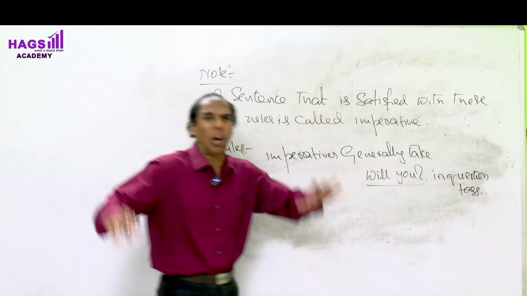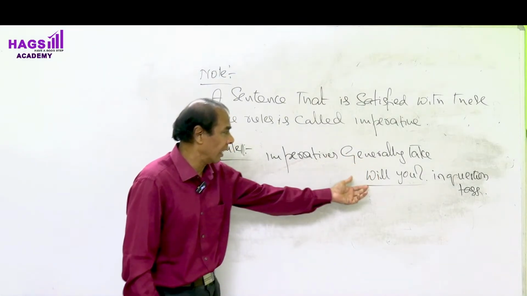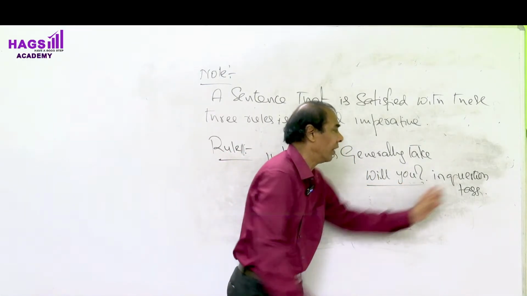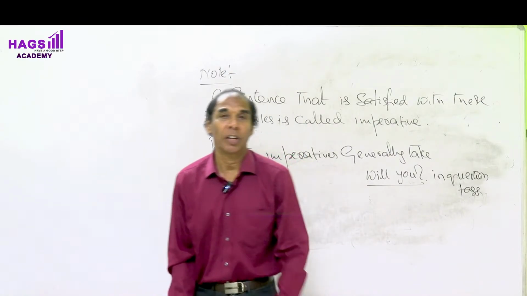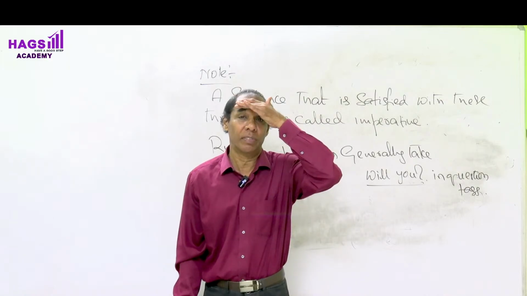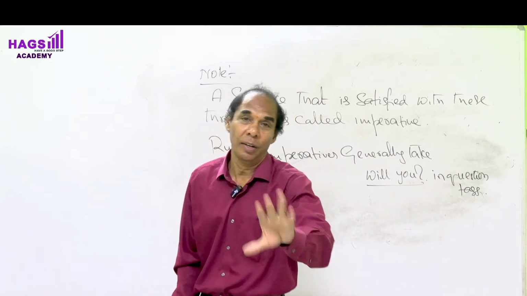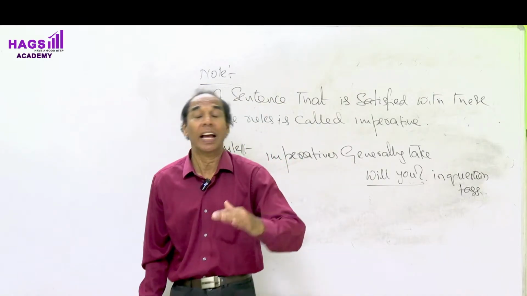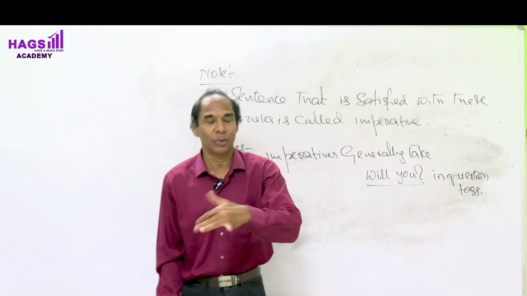What is all this? I'll explain, very easy. Imperatives generally take will you in question tags. Now look at me. My dear students, when we speak directly to a person, you people commonly pronounce it wrongly. Don't say it that way. Say direct, not direct.